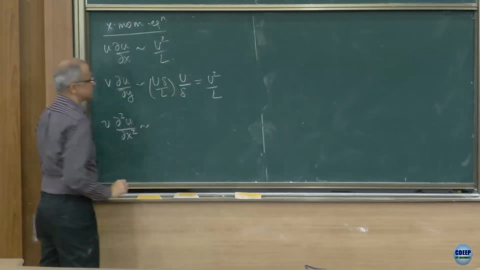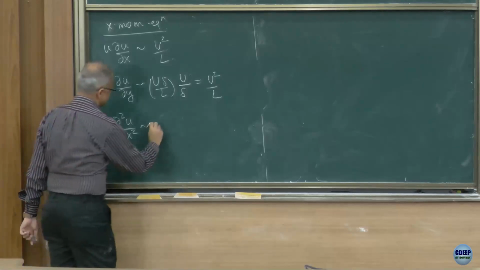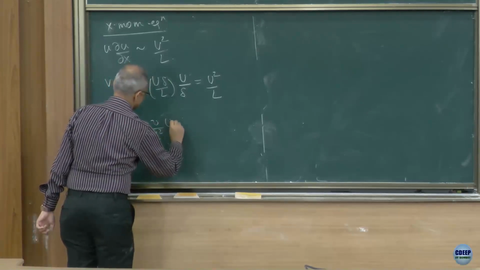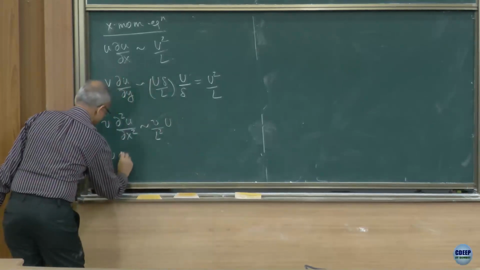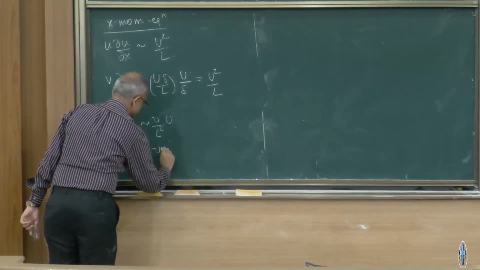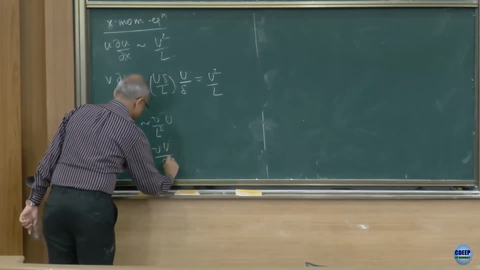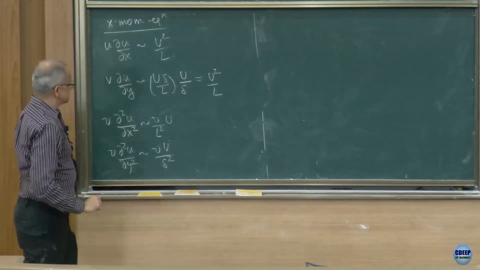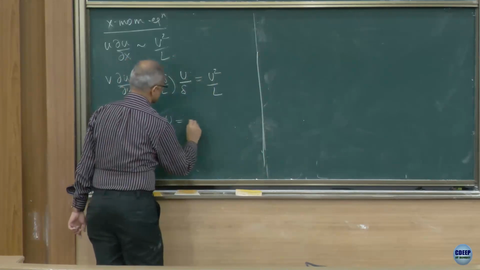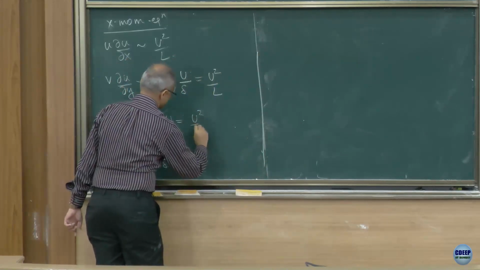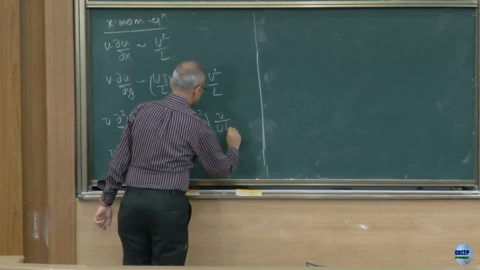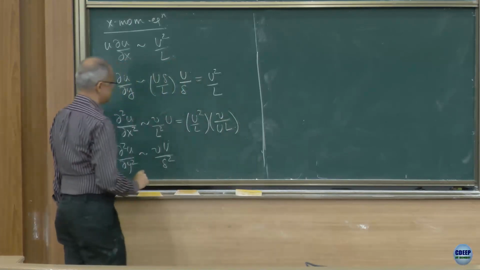So how will this scale? Nu times dou 2 U by dou x2 scales as nu times capital U upon L square, and nu times dou 2 U by dou y2 scales as nu times U upon delta square. So what do I get here? Again, I would like to make it in terms of U square upon L. So this becomes nu upon UL, right?